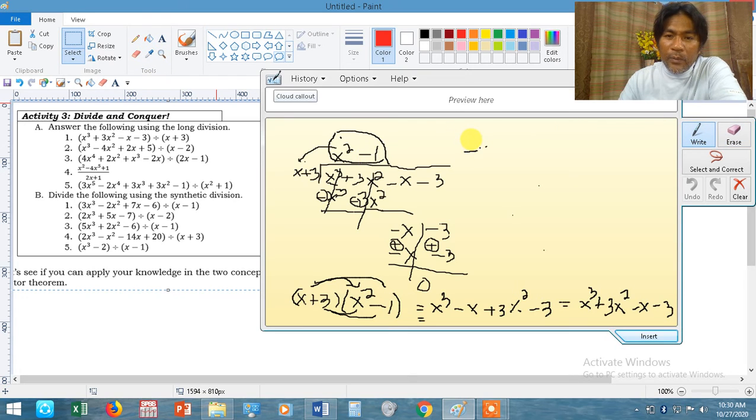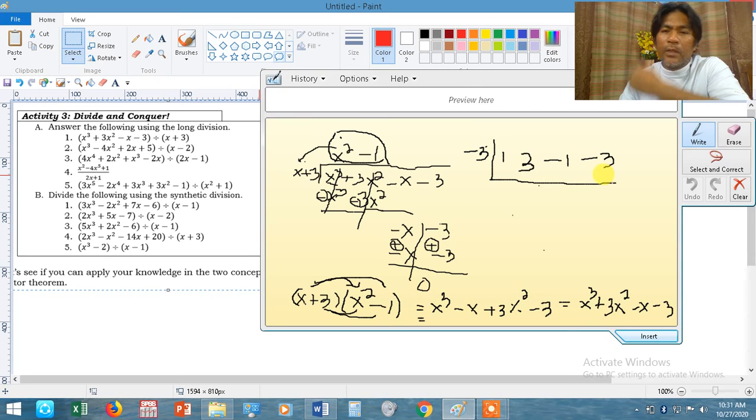So that would be negative 3. Since it is positive, we have the coefficient of x cubed is 1. The coefficient of x squared is 2. Then we have negative x. Since this is complete, then negative 3. Then negative 1 and negative 3.